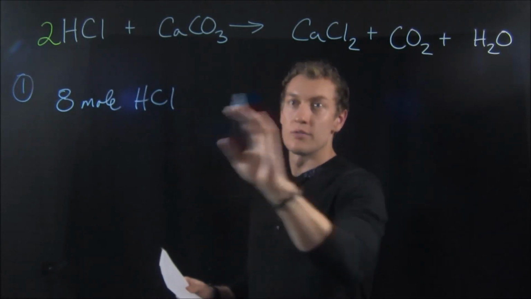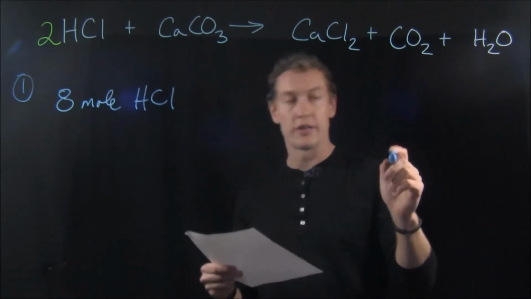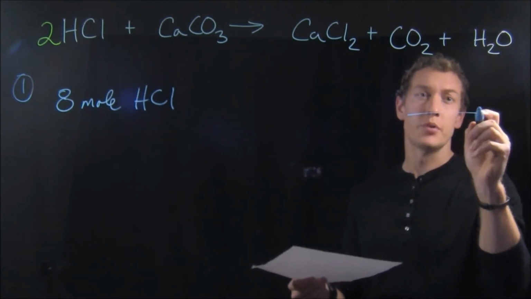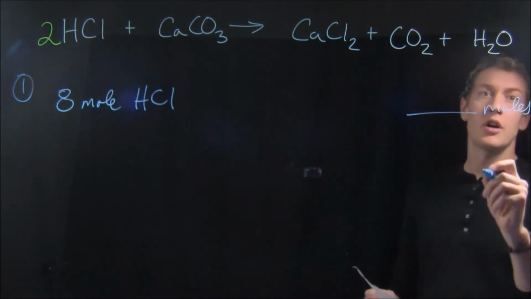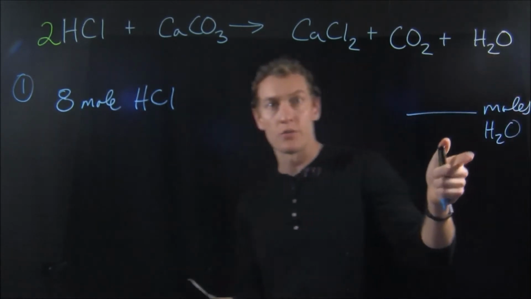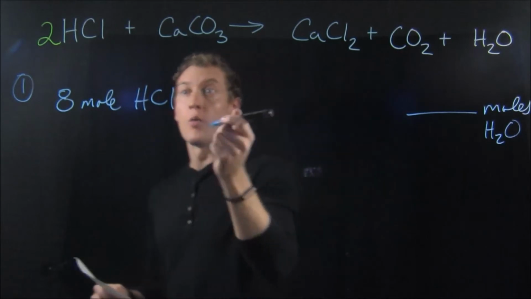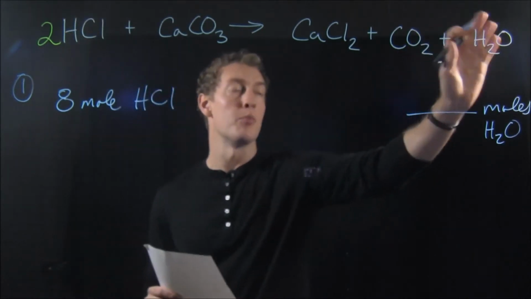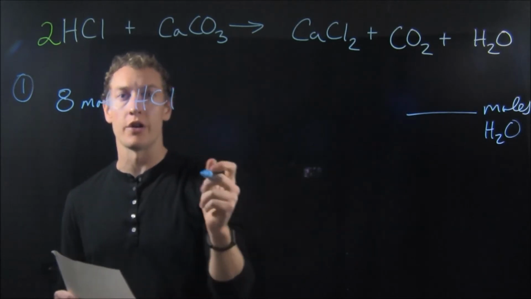The product that it asks about is water, and it asks about it in terms of moles. So it's blank moles of water. So we know we have the answer when we get moles of water. Well, it's just a one-step problem because moles of HCl and moles of water are directly related to one another.